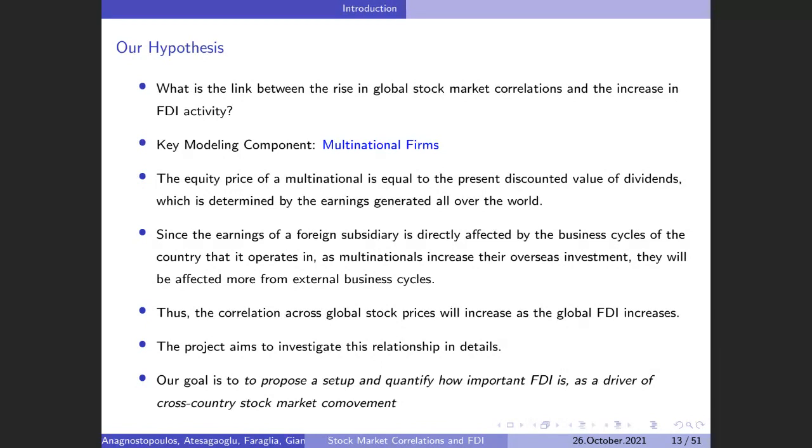So as a result, mechanically, first of all, more FDI operations will make the earnings and dividend distributions of these two countries' multinationals more correlated. It will increase the dividend correlation of these two economies. So the price correlations, so stock market correlations, go up just for that reason.